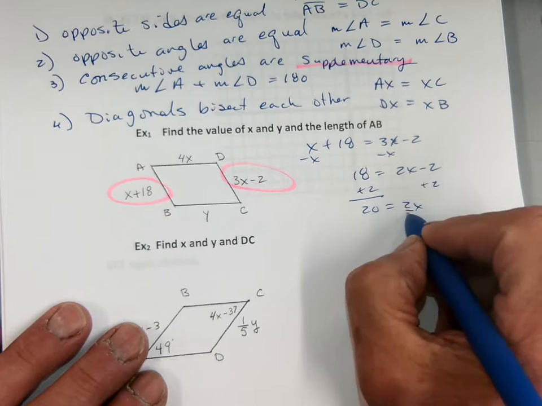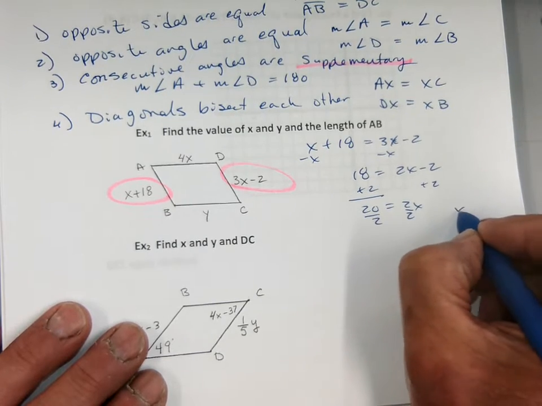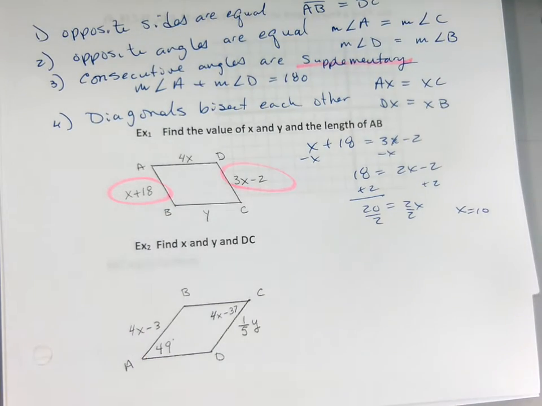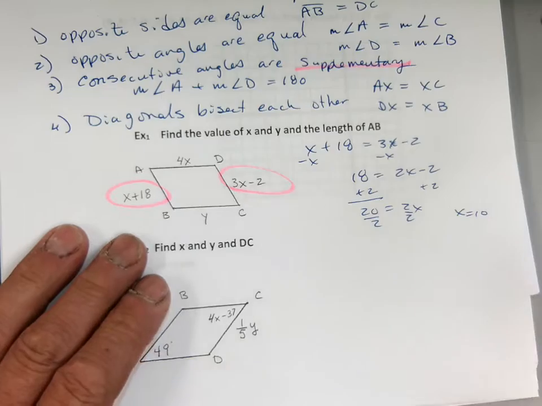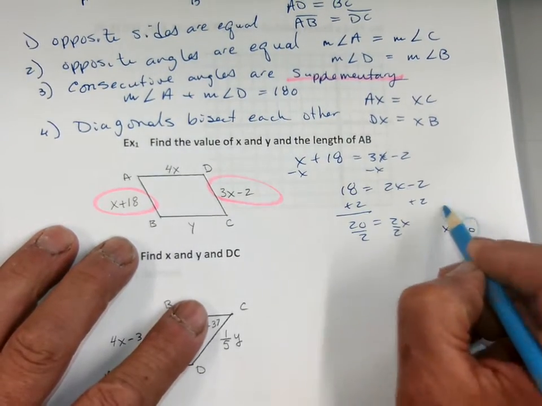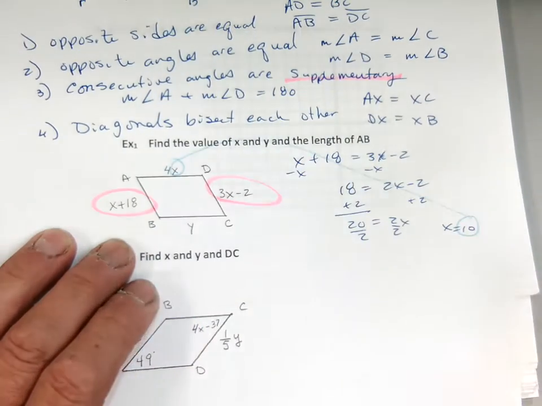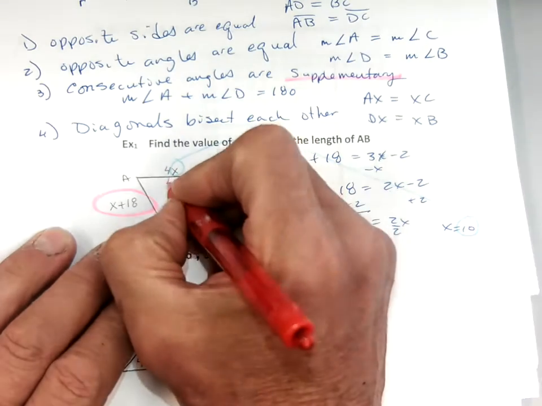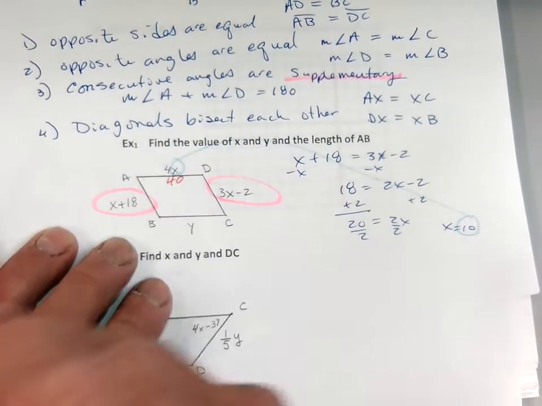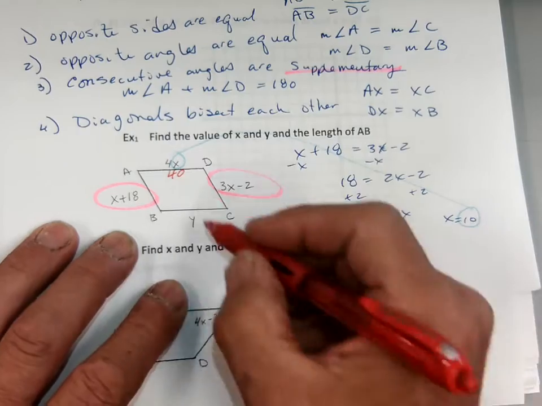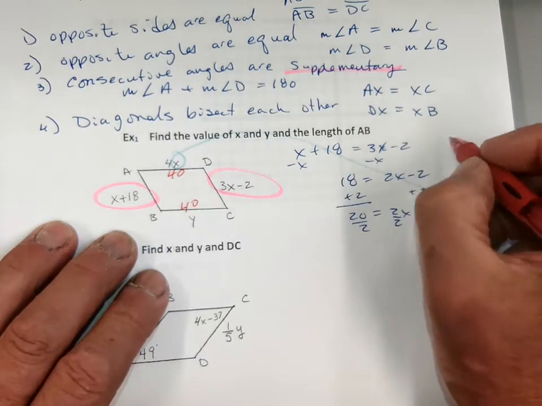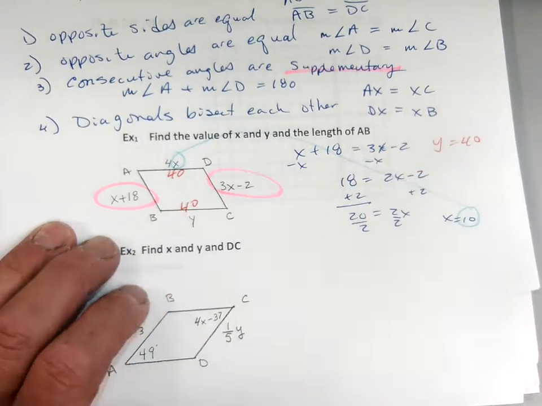Divide by 2, x is 10. But that's not the answer. If x is 10, let's put it right there. So AD is 40. You guys okay with that? 40, because if x is 10, AD is 40. That means y has to be 40 because they're equal. So I know that y is equal to 40, right?